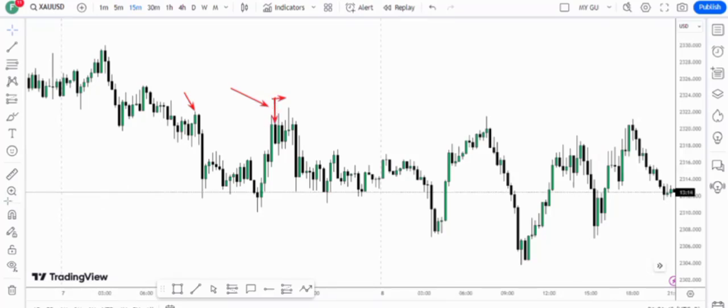So if we were to put our high, this high that price rejected and gave us the big wick, you can see how this bullish candle right here, these bullish candlesticks, they tried pushing above, but price kept pulling back and closing below.